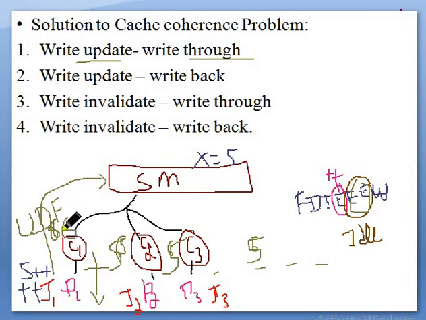Once J1 completes, it should update, and instead of broadcasting the value, give an invalid message or invalid signal to all. So what all the processors' caches get is an invalid signal, that is called invalidate. Once all the data is invalidated, the option the caches have is flush.